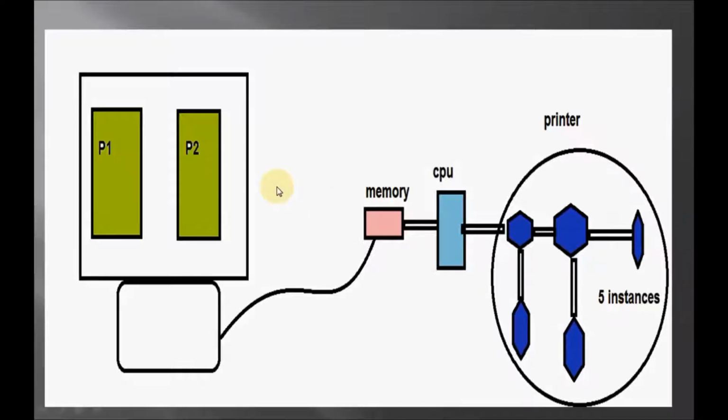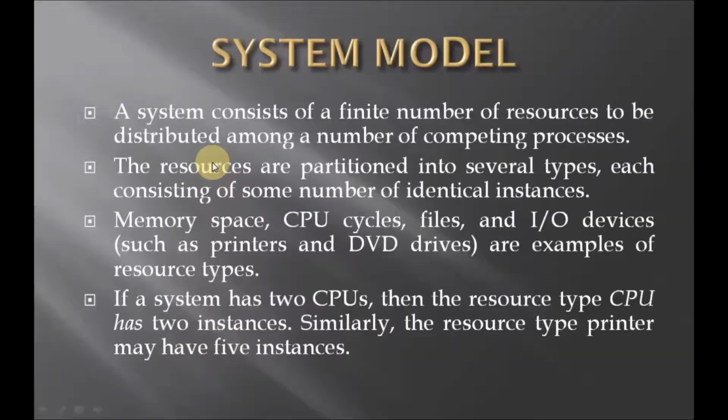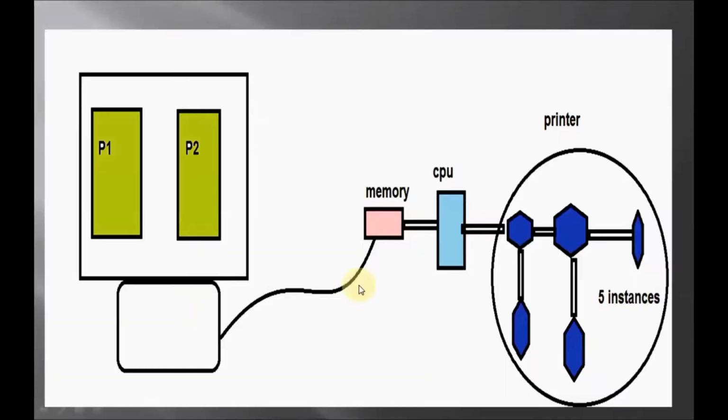Very simple. So next, if I say resource, that resource can be memory space, CPU cycles, IO devices, etc. You know that. And if a system has 2 CPUs, then the resource type CPU has 2 instances. In the same way, if the system has 5 printers, then the printer resource can have 5 instances.